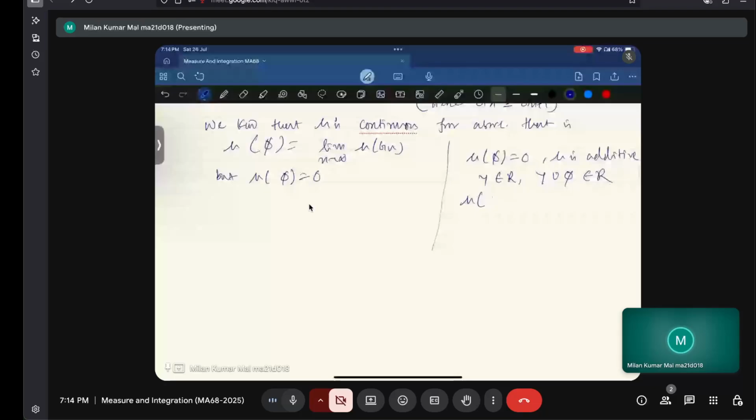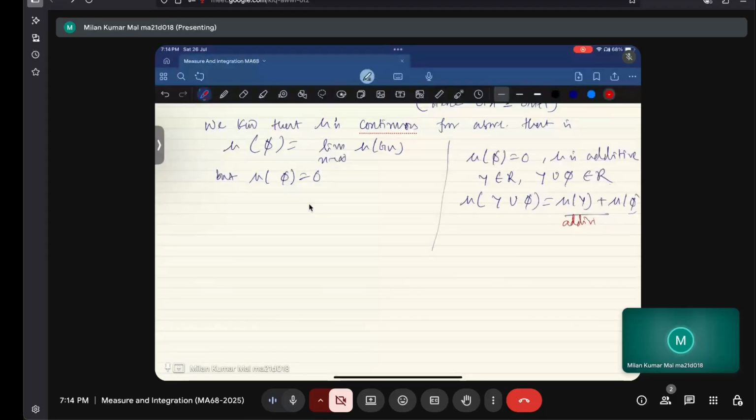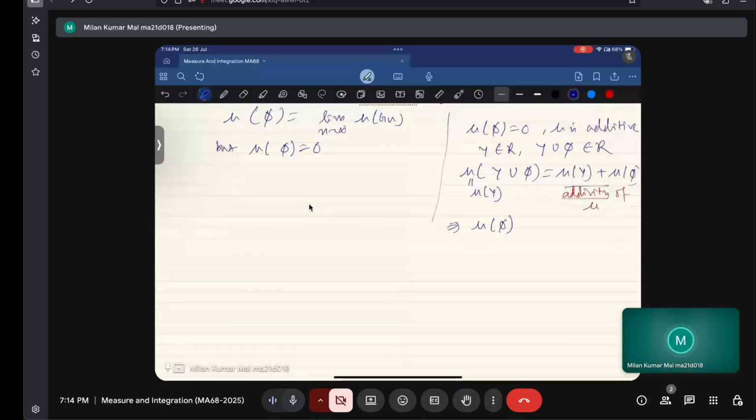Here we have used additivity of mu. But this is also mu of Y. So that implies mu of the empty set is equal to mu of Y minus mu of Y, which is equal to 0. So mu of the empty set is 0.